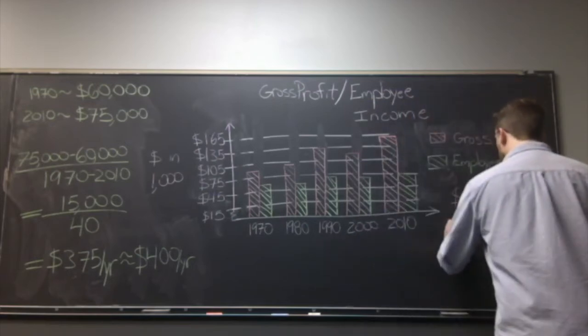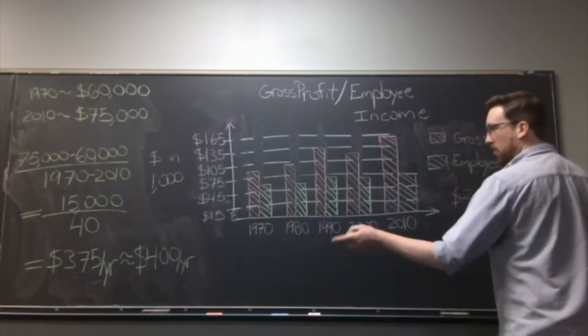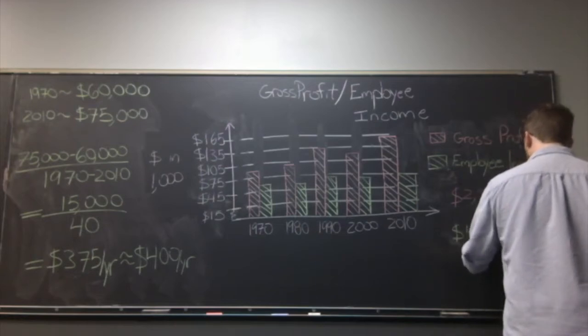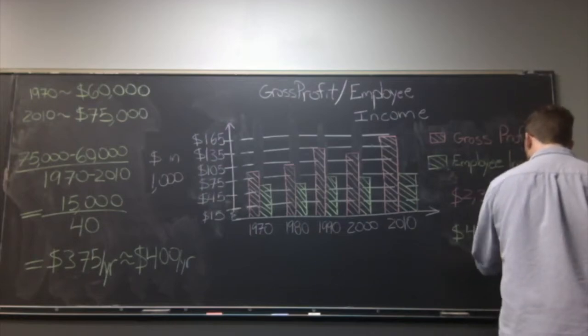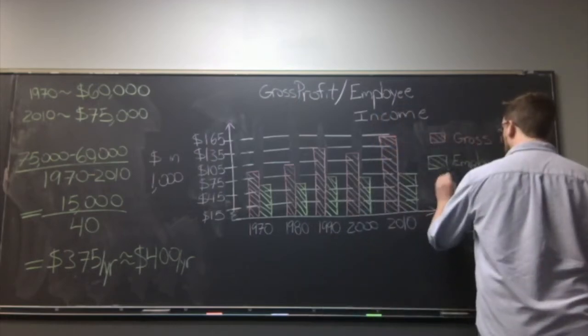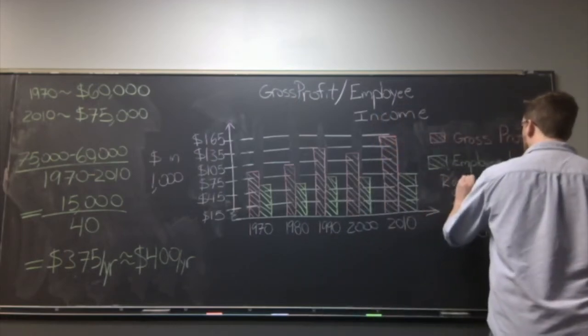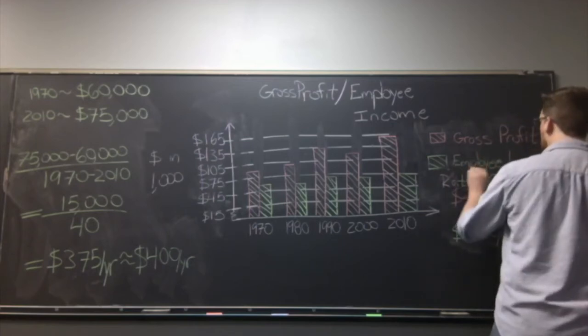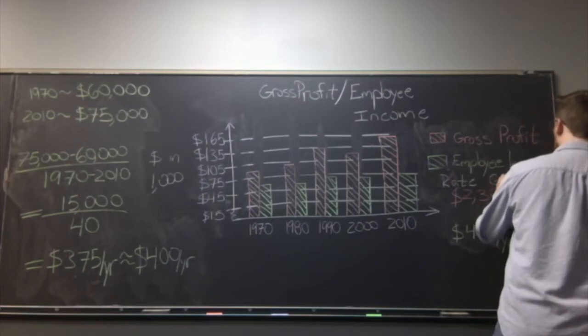Putting that over here, I mean $400. I think I just said 4,000. 400 per year. And these are the rates of growth for both the gross profit and the employee income.